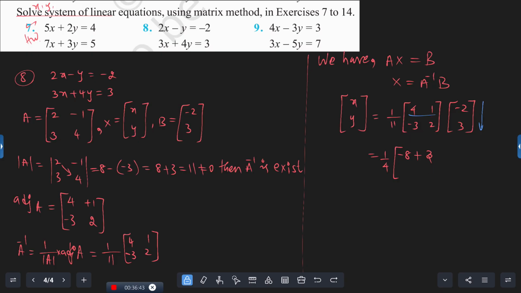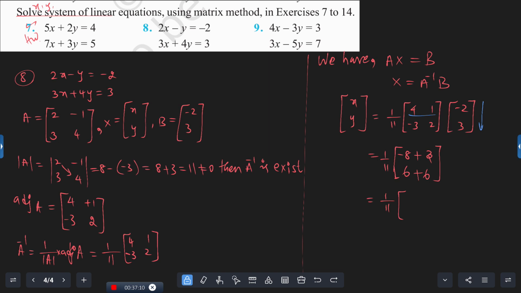So minus 3 into minus 2. Minus and minus is plus. 2 3s are 6. So 2 3s are 6 again. So what am I getting? 1 by 11. What, children, what am I getting here?